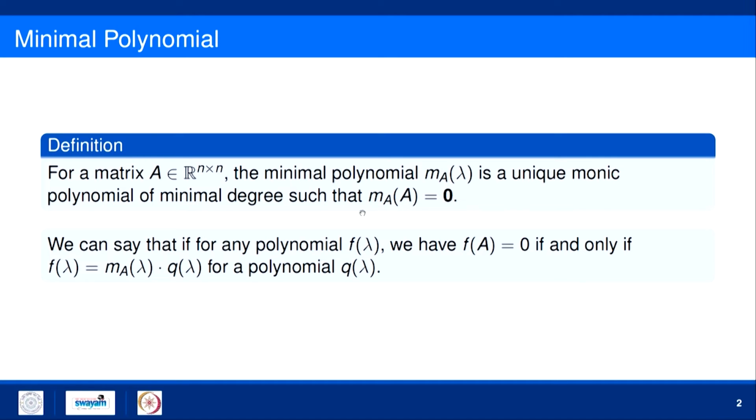Based on that we can say that for any polynomial f(lambda), f(A) equals 0 if and only if f(lambda) is the product of the minimal polynomial of A and another polynomial q. So if a polynomial f annihilates the matrix A, then the minimal polynomial divides that polynomial.